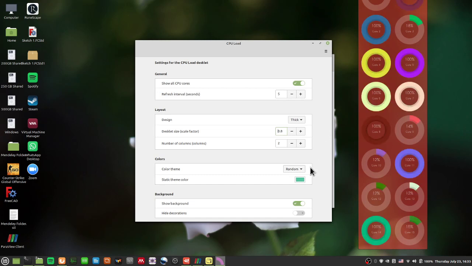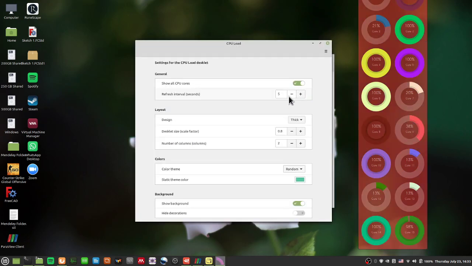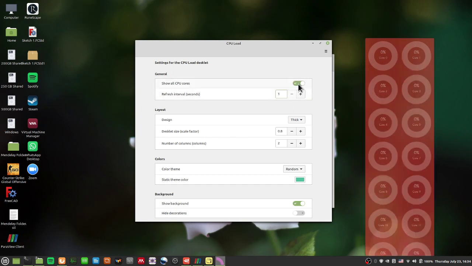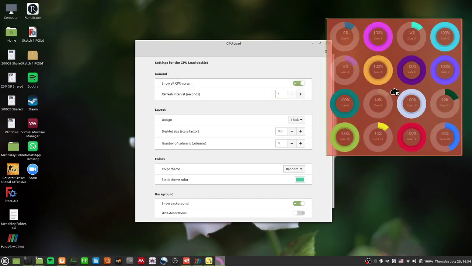Let's see whether there's anything else I can do. But this is what the CPU usage is like. Right, this doesn't look so nice. Okay, there we go.